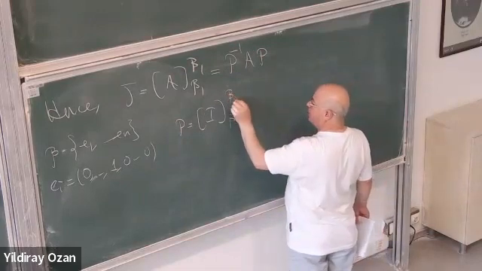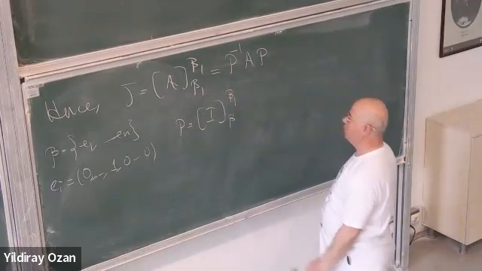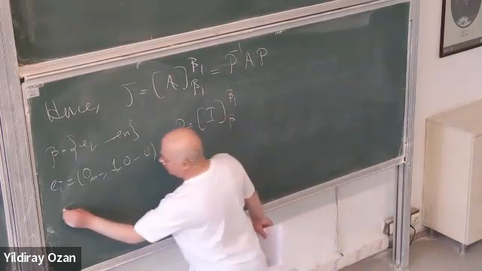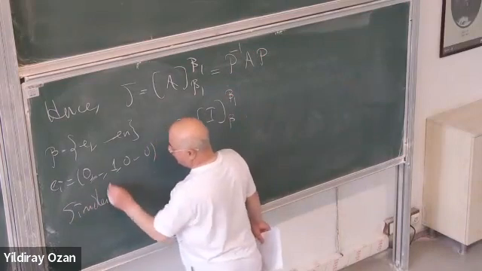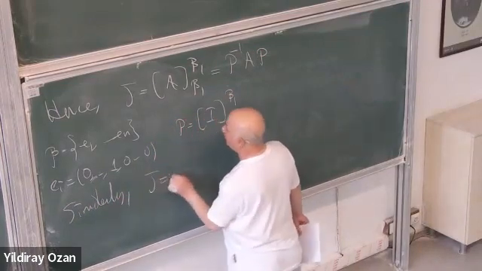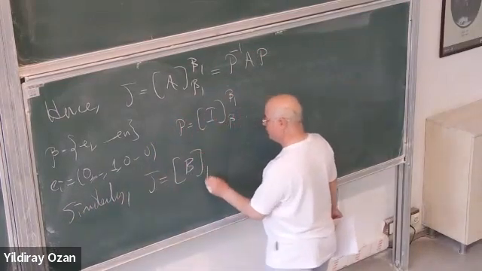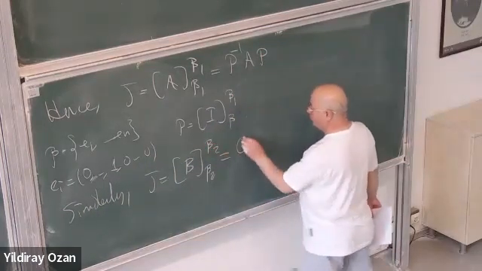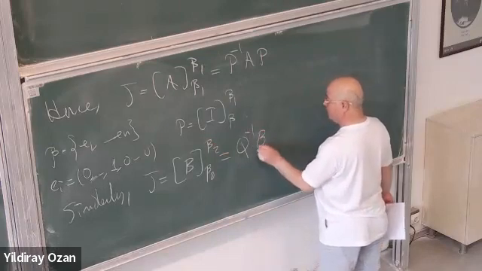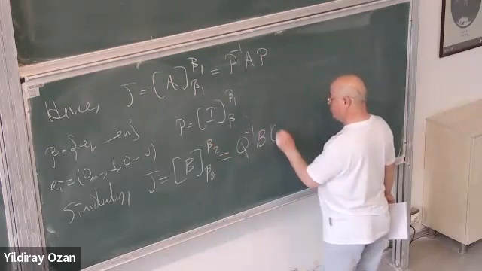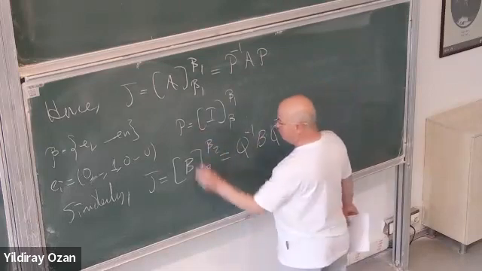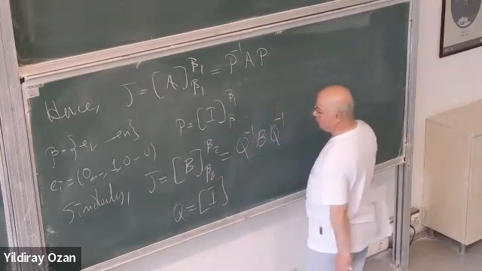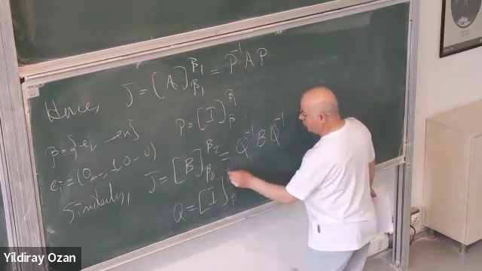Standard basis for K^n. Here P is the identity from beta to beta 1. Similarly, J, which is equal to this gadget, but that will be just some Q inverse times B times Q, where Q will be just the base change matrix from beta to beta 2.